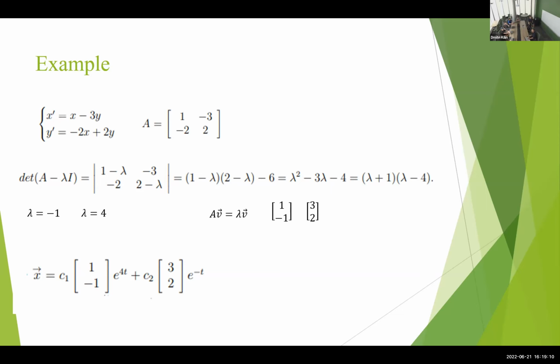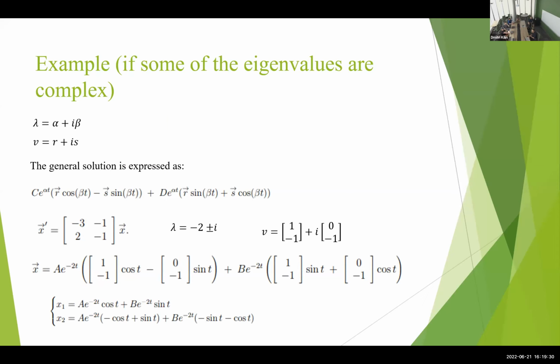But there is one exception, because in some cases lambda could be complex. For those who do not know, complex numbers are numbers that contain the square root of negative 1, which we represent as i.